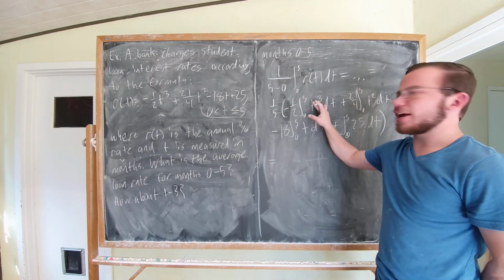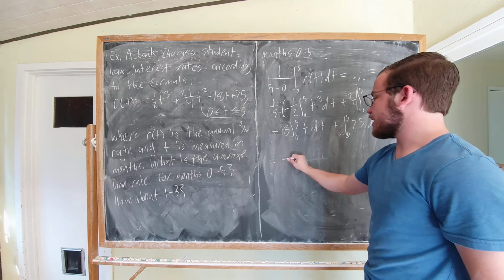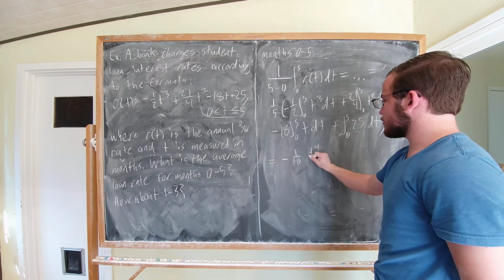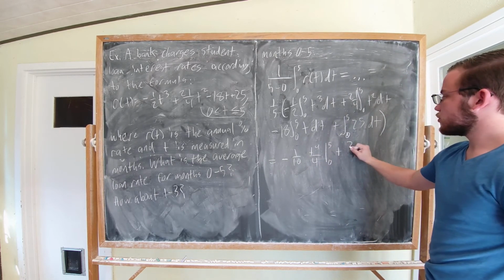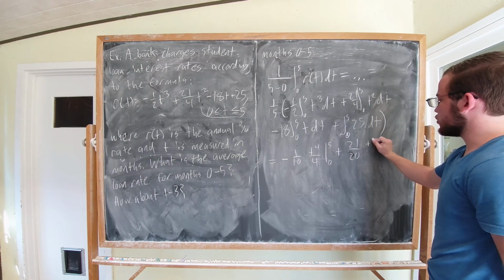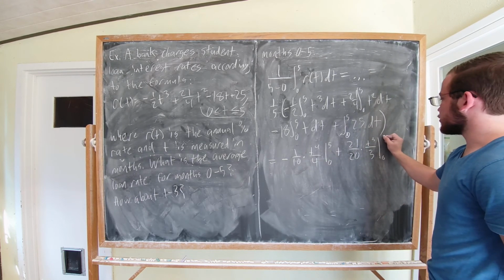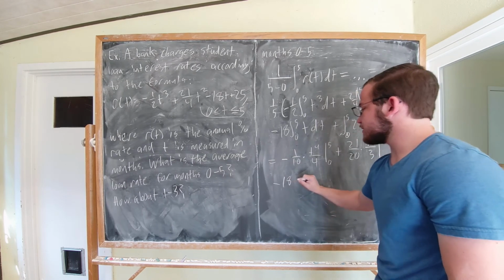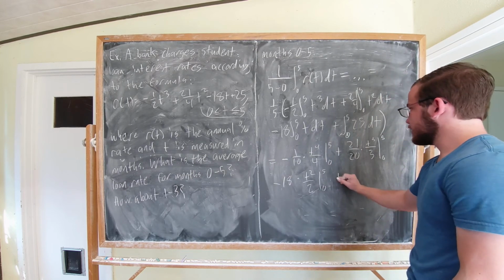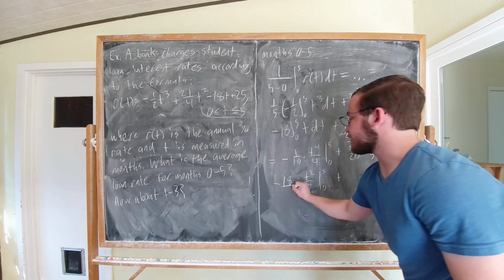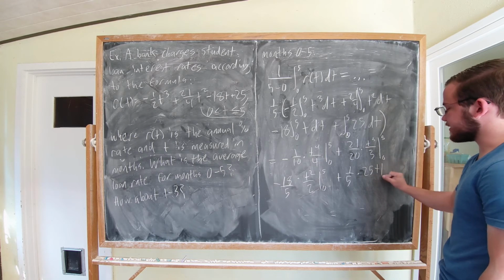Distributing the 1/5 out and applying the power rule to each of these gives us negative 1/10 times t to the 4th over 4 as t runs from 0 to 5, plus 21 over 20 times t cubed over 3 as t runs from 0 to 5, minus 18 fifths times t squared over 2 as t runs from 0 to 5, plus 1/5 times 25t as t runs from 0 to 5.